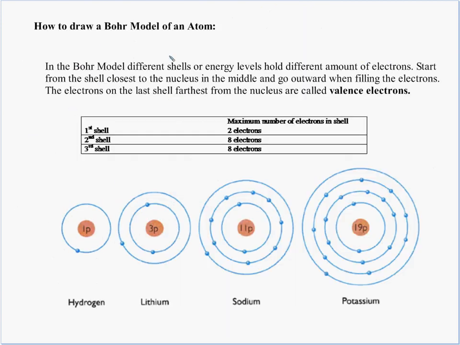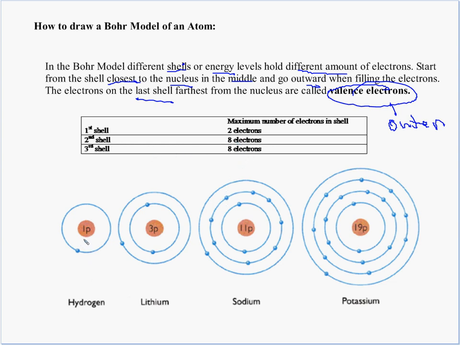How to draw a Bohr model of the atom. In the Bohr model, different shells, or energy levels, hold different amounts of electrons. Start from the shell closest to the nucleus, in the middle, and go outward when filling the electrons. The electrons on the last shell, farthest from the nucleus, are called valence electrons. So valence are the outer last shell electrons. So the first shell can hold 2, second can hold 8, third 8.